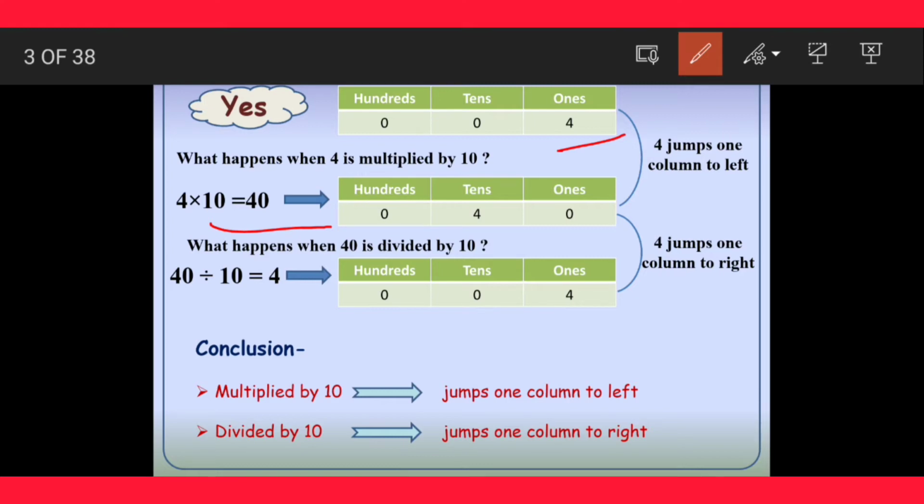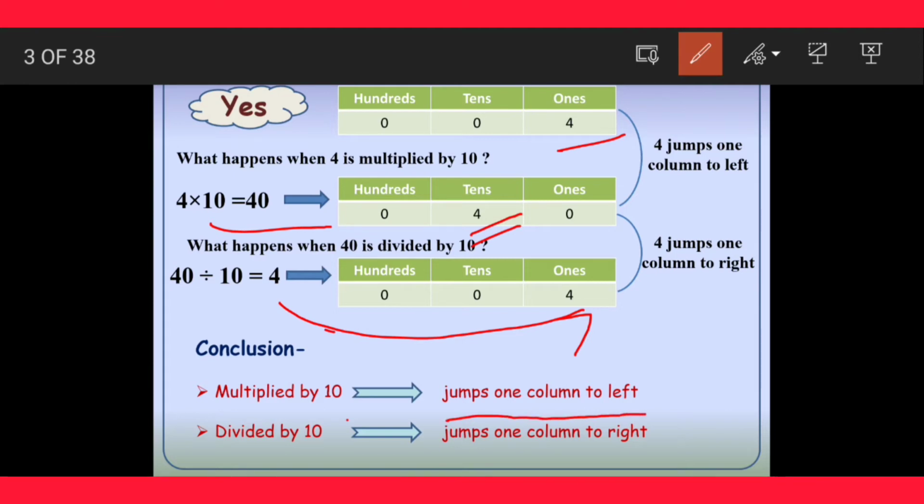So 40 will be on which position? Tens position, right? Now what will happen when 40 is divided by 10? Again 4 will be there and again it will switch to the ones position, right? So what is the conclusion here? If we multiply any number by 10, we have taken the example 4 here, it will jump one column left.